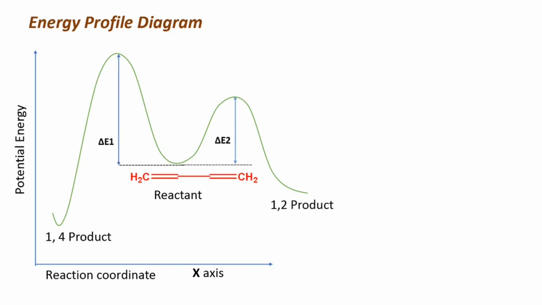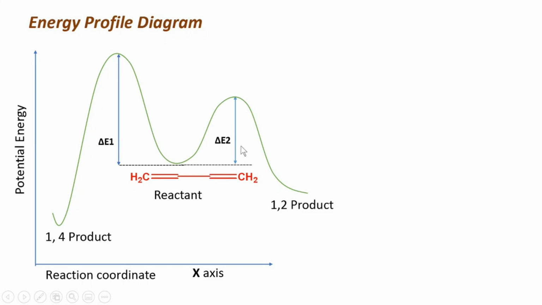From this energy profile diagram, the free energy of activation leading to the 1,2 product is less than that of the 1,4 addition product, even though the 1,4 addition product is more stable.